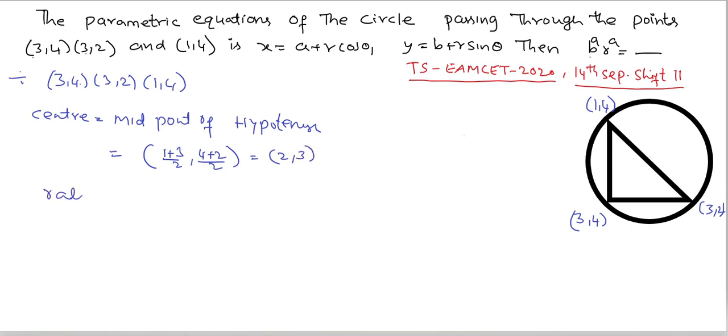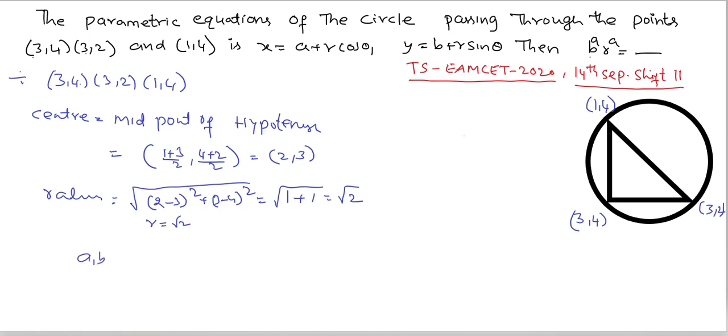The radius of the circle is the distance from the center to any one of the points: root of (2 minus 3) whole square plus (3 minus 4) whole square, that is, minus 1 whole square plus minus 1 whole square, which gives root 2. So here (a, b) is (2, 3) and r is root 2.